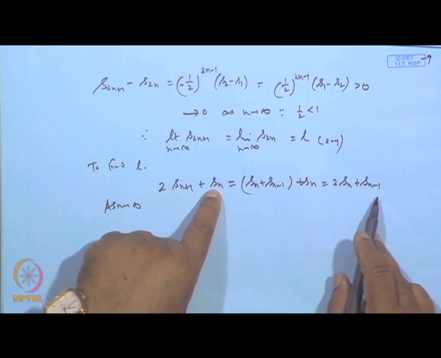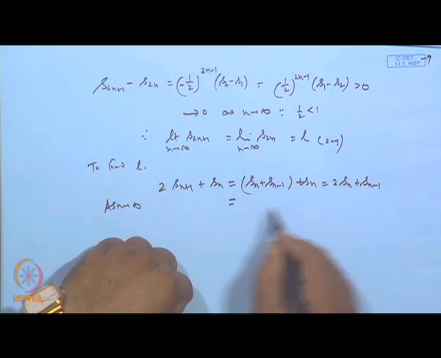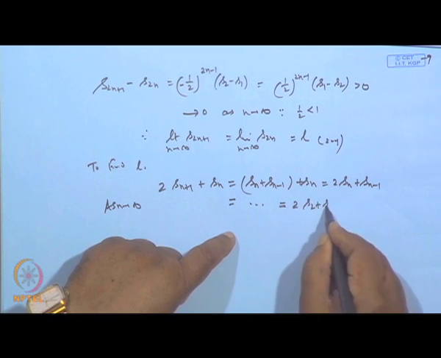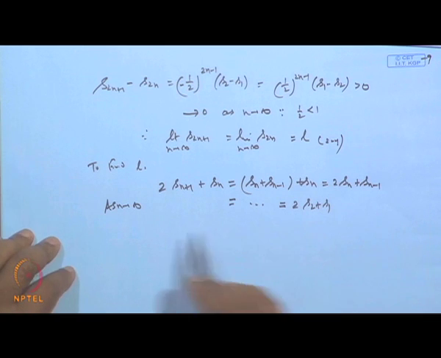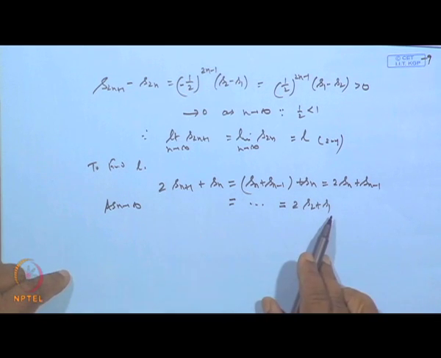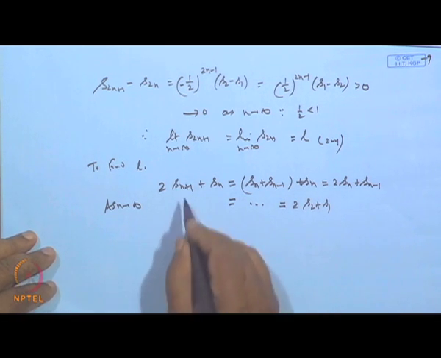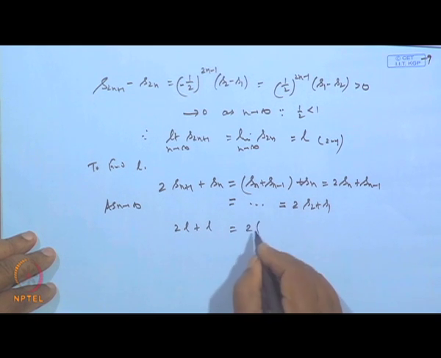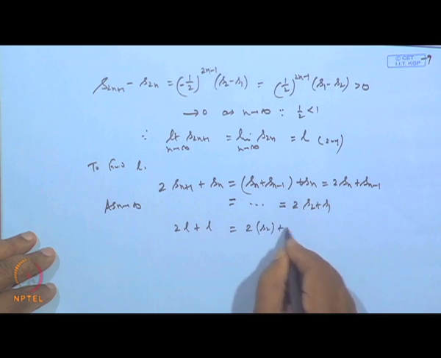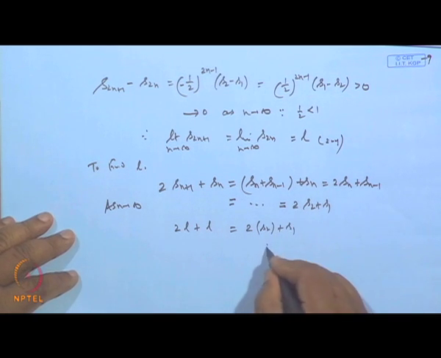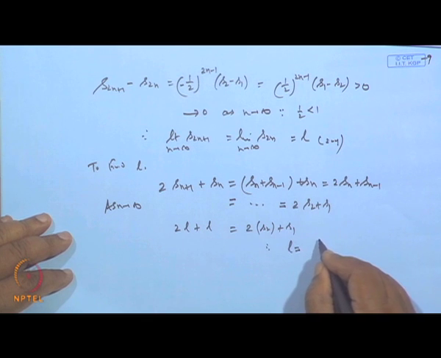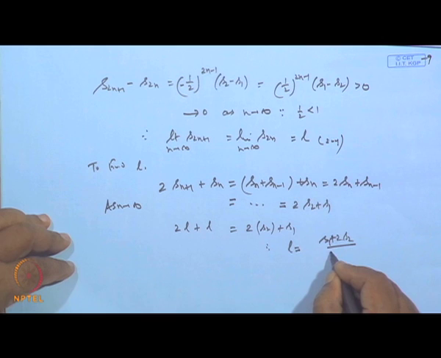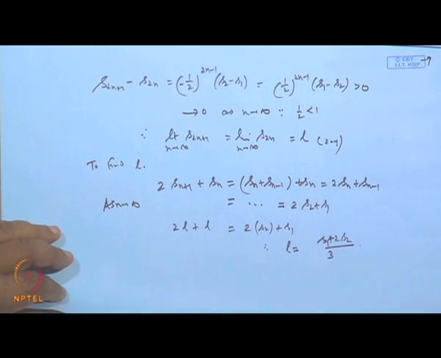Similarly, if I continue this process, in the final term we get 2S2 plus S1. So, as n tends to infinity, this gives 3L equal to 2S2 plus S1. Therefore, L becomes (S1 plus 2S2) by 3, and that is the answer.